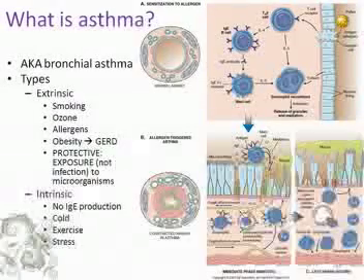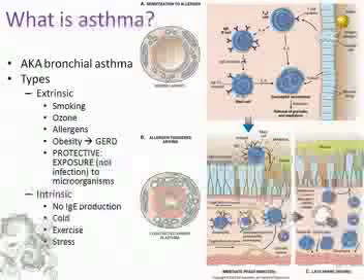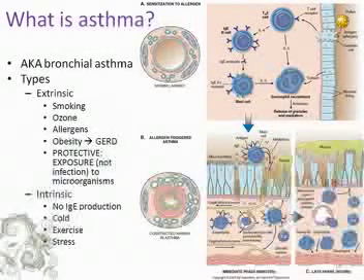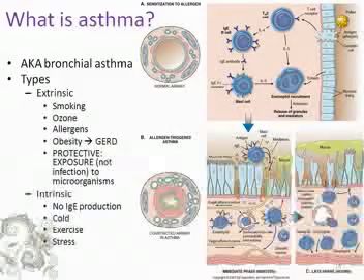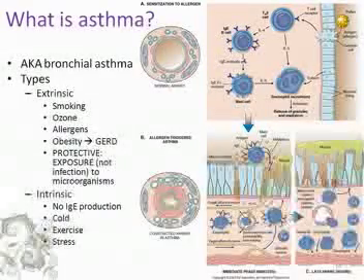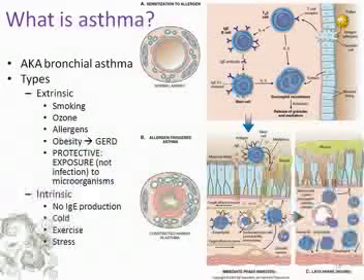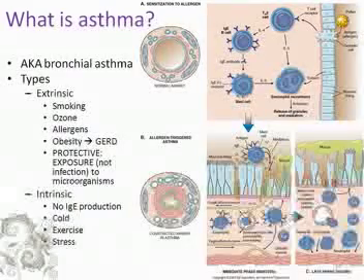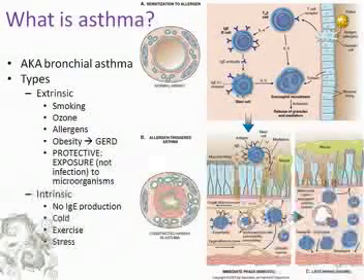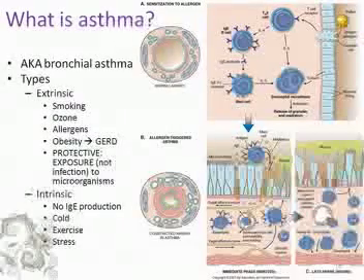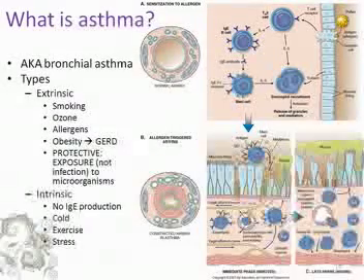There's an extrinsic pathway and there's an intrinsic pathway. This extrinsic pathway is dominated by an allergic response. It's a type 1 reaction. It is IgE mediated. There are certain patients, if you recall back to our immunology section in this class, atopic individuals are genetically predisposed to have higher than average IgE and eosinophil levels.